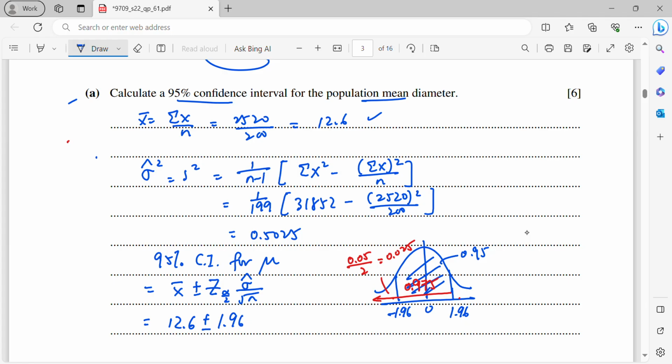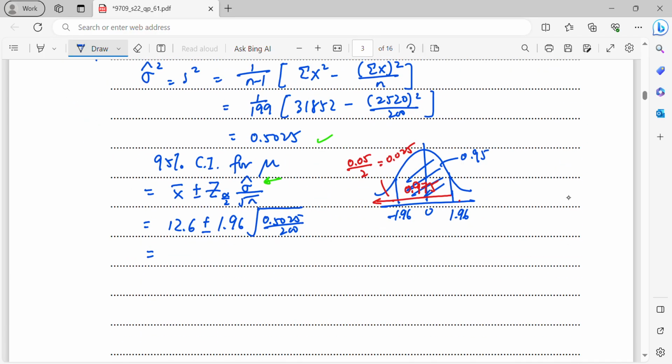Then from the formula we need sigma hat, but we have found the s squared. So to get the sigma hat from the sigma hat squared, we take the square root of the whole term. So it will be square root of 0.5025 divided by 200.